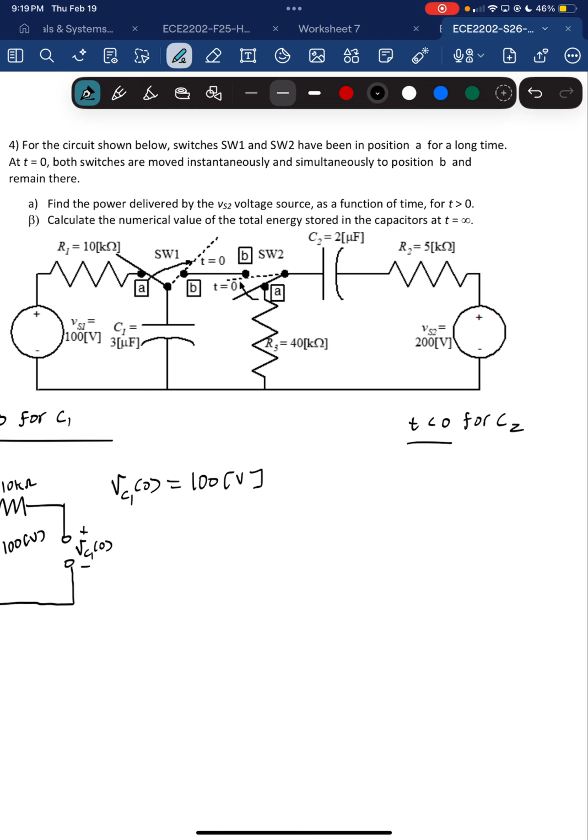All right, now we are going to draw the circuit for t less than 0 for capacitor 2. And remember, the capacitor tells us its polarity, so we have to define it like that.